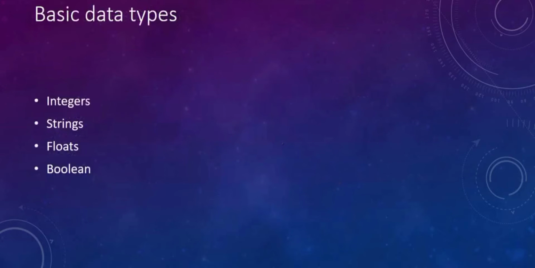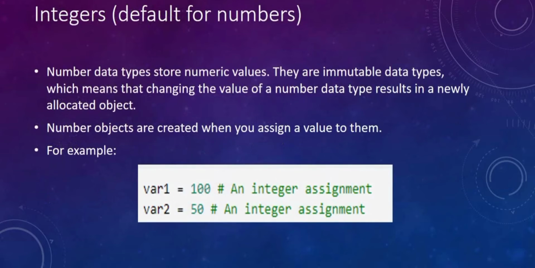Next, the basic data types: integers, strings, floats, boolean. Integers are the default for numbers. Number data types store numeric values. They are immutable data types, which means that changing the value of a number data type results in a newly allocated object.